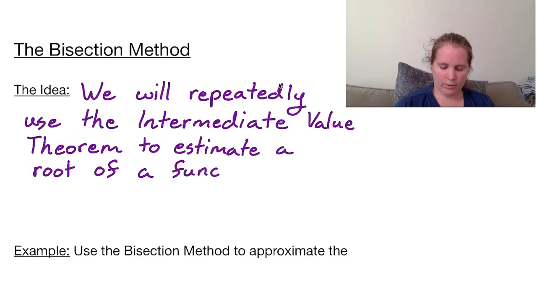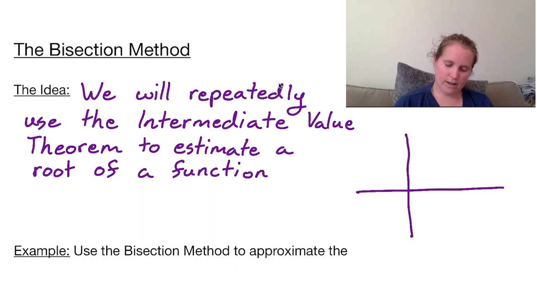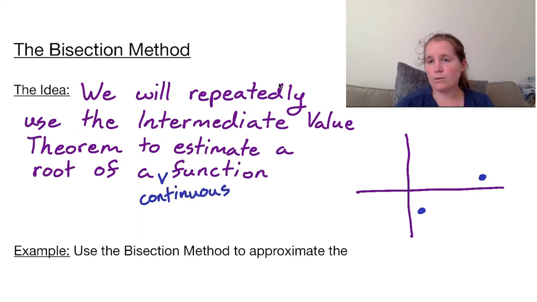Essentially, if we have a continuous function and we know that it starts as negative and ends as positive, then somewhere in between those two values, it must cross the x-axis.